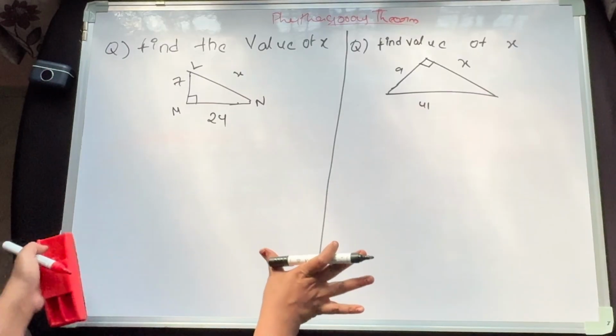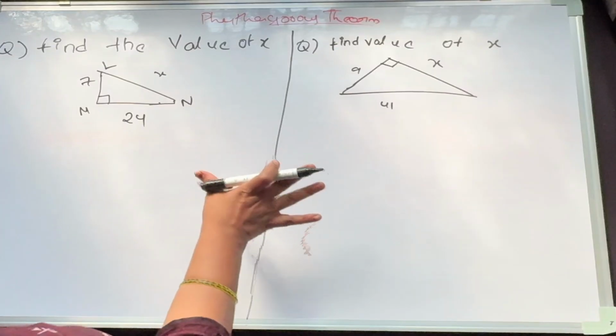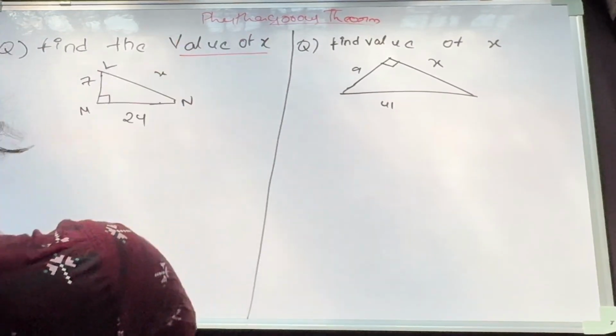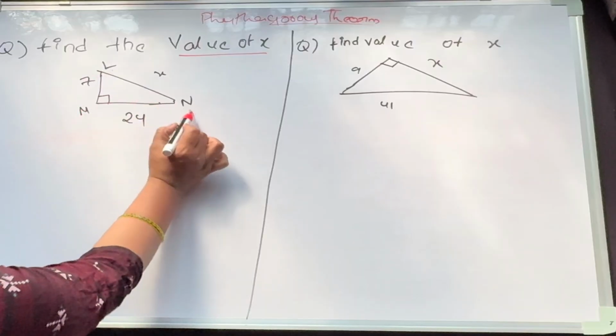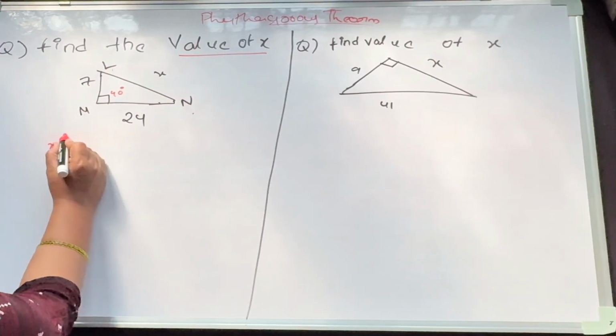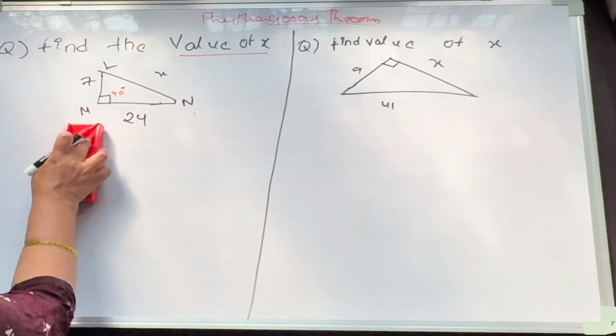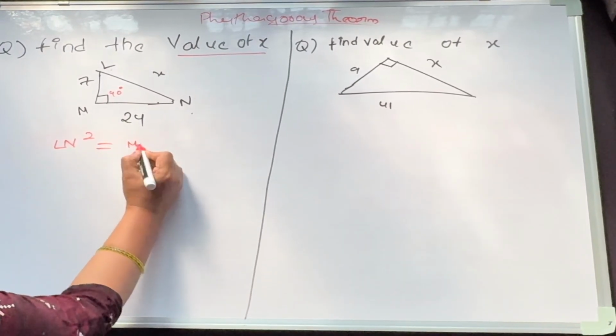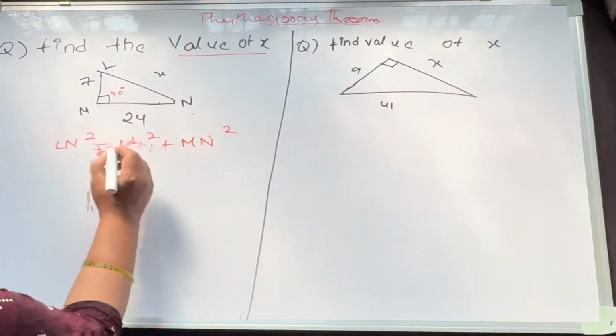Now, for short questions, they will ask like this. They give you the diagram and they will ask the questions. See here. Find the value of x. They have given like this: L, M, N. M is 90 degrees and LN is x. First we write the formula. LN square is equal to LM square plus MN square.